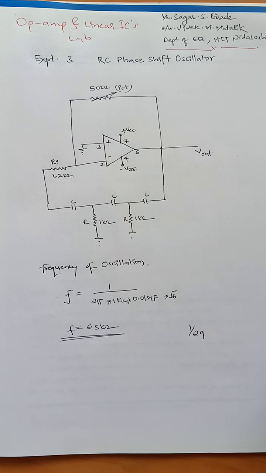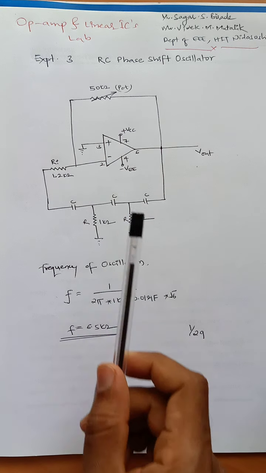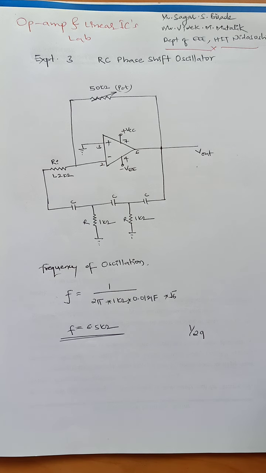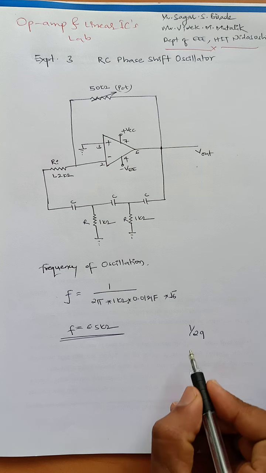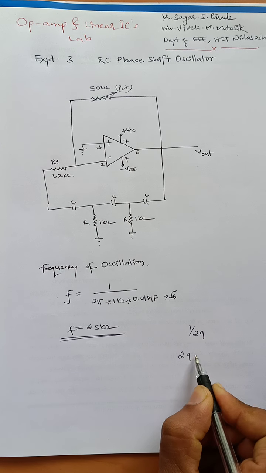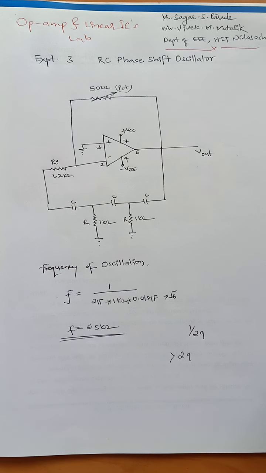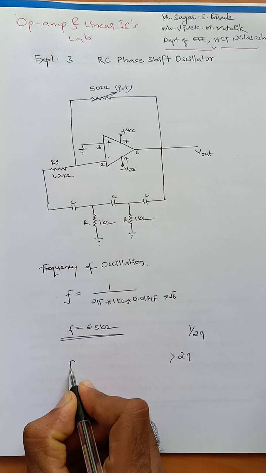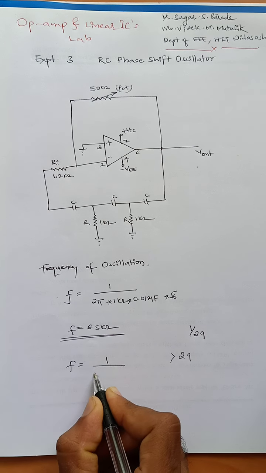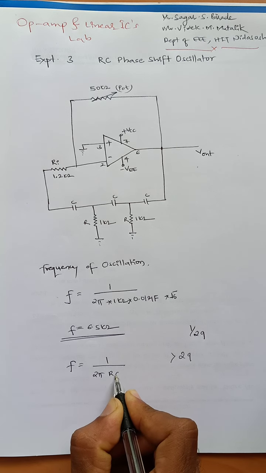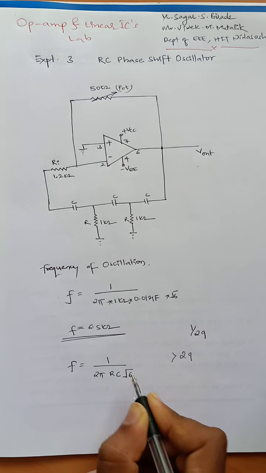So the inverting amplifier that we design here for the RC phase shift oscillator should have a gain of more than 29. This is one condition we need to remember, and we will calculate the frequency of oscillation using the formula F is 1 divided by 2 pi RC square root of 6.